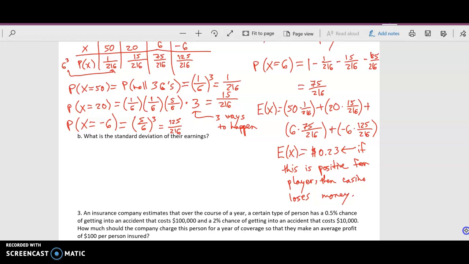Okay, how do we find the standard deviation? Well, we're going to do this one by hand. First we're going to find the variance.